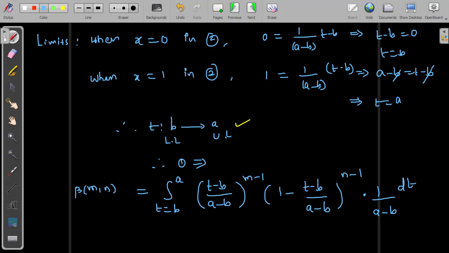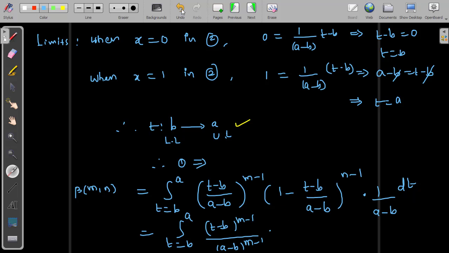After that, simplification. Now this is equal to, we can say here, integral t from b to a. After that, numerator, when you separate here, (t minus b) power m minus 1 divided by denominator (a minus b) power m minus 1, multiplied with, again here the LCM is a minus b. If you multiply with a minus b here, outside here minus is there. Minus times t, minus t. Minus times minus plus b.